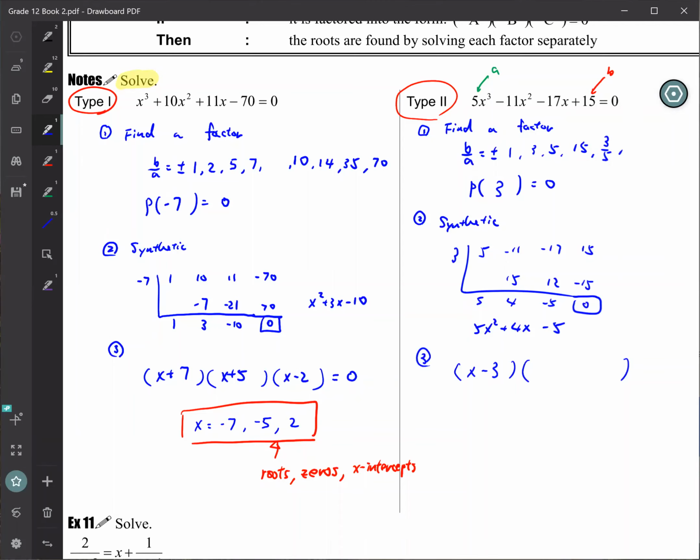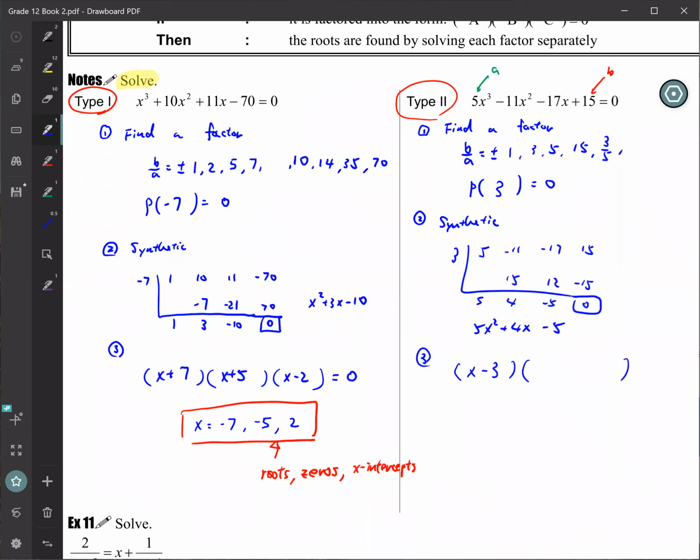Are you there? Yeah, okay. I'm not sure. Well, what did you get for the quotient? I have the same thing. Same thing, right? Is it factorable? No. No? Okay, then that will be the only factor.